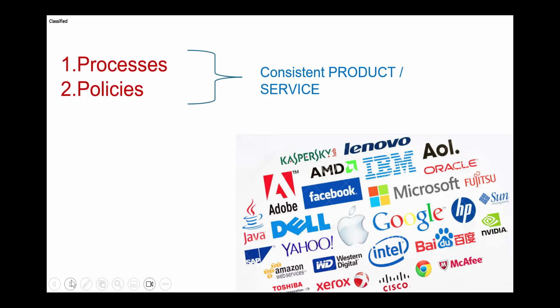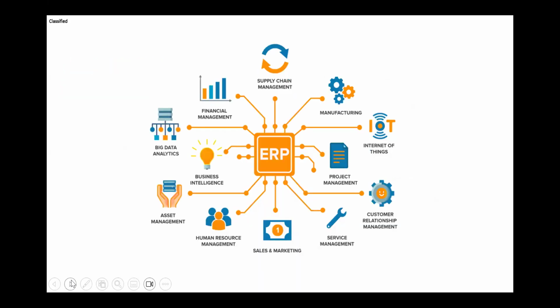Now, how does the business ensure you get this? The business ensures you get this by looking at some processes and policies, right? It creates some processes to ensure the manufacturing and sizing, etc., is exactly the same, and it ensures some service policies to ensure that you will get exactly the same outcome every time.